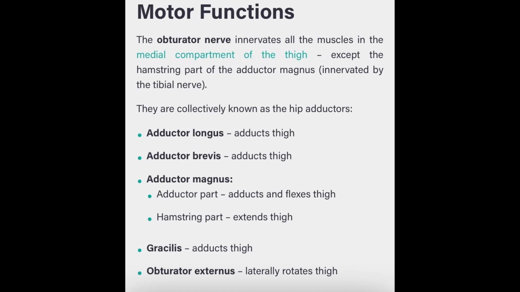The adductor longus and adductor brevis adduct the thigh. The adductor part of the adductor magnus helps in adduction and flexion of the thigh, but the hamstring part is for extension of the thigh and is supplied by the tibial nerve. The gracilis adducts the thigh and the obturator externus laterally rotates the thigh. So this is the motor function of the obturator nerve.